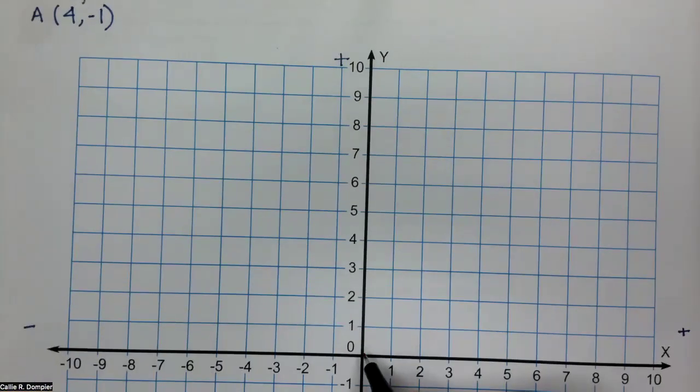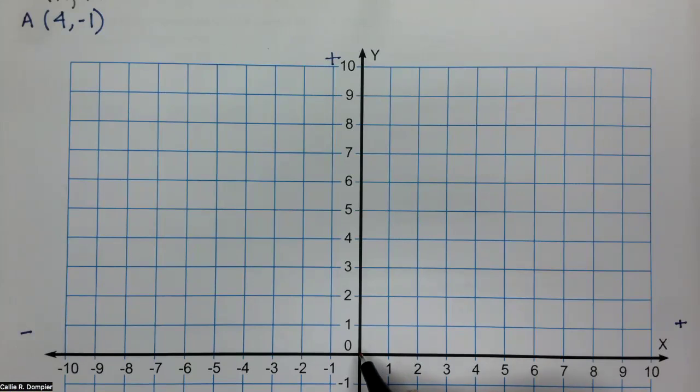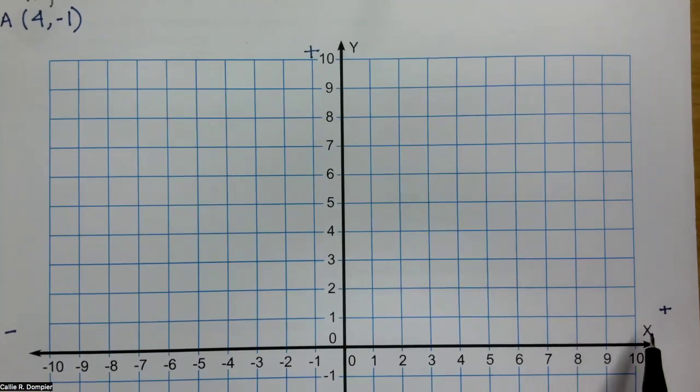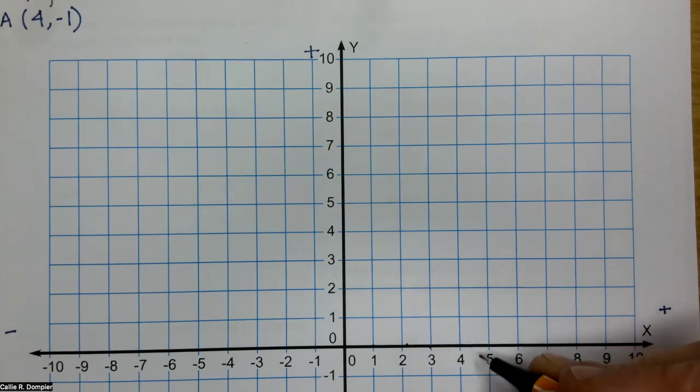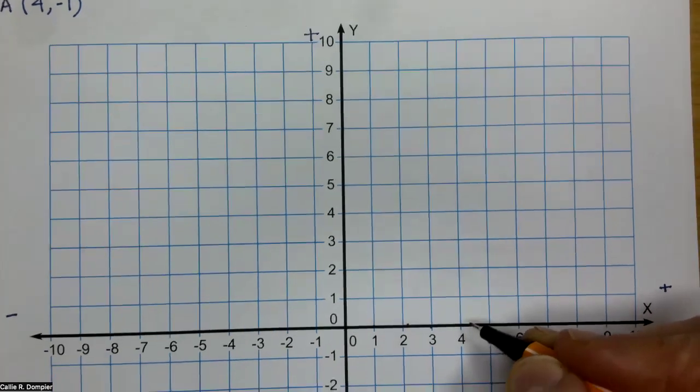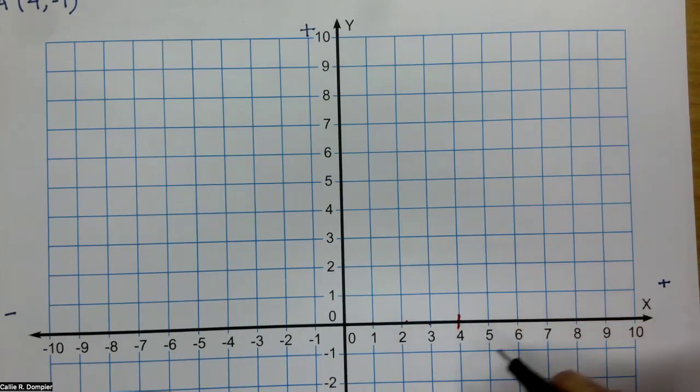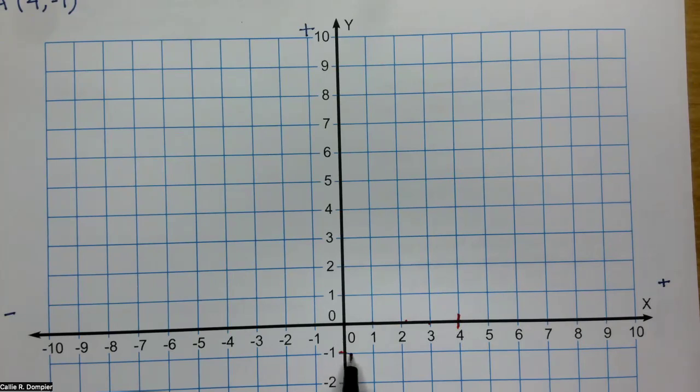You always start at the origin, like you're drawing on a map, and you go 4 in a positive direction. Positive direction on the x-axis will always mean to go to the right. So from 0, we count 1, 2, 3, 4, right? And then on the y-axis, it asks us to find -1. So 4 on the x-axis and -1 on the y-axis are these two places.